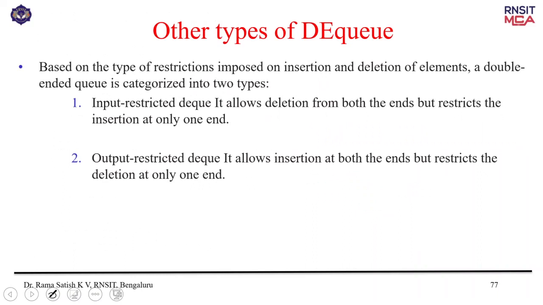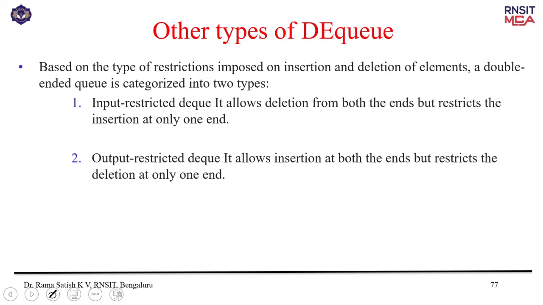So this is how insertion in front, insertion from the rear, deletion from front, and deletion from rear are done. Based on the type of restrictions imposed on the insertion and deletion of elements, the double-ended queue is categorized into two types. Input restricted DQ is a special type of double-ended queue.